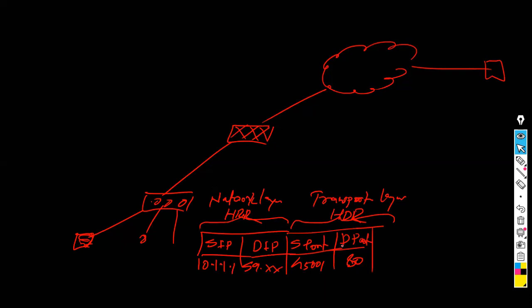Okay, this is your transport layer header, and this is your network layer header. While your traffic is returning, that will have the same thing. The similar kind of translations it will be, as I explained.